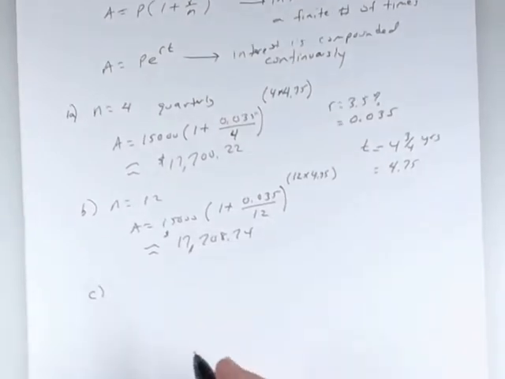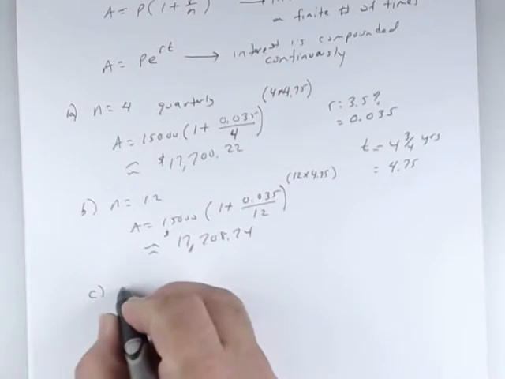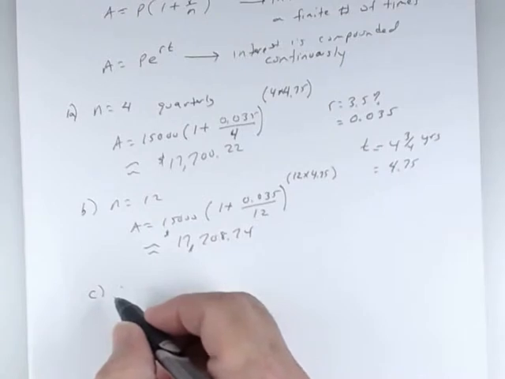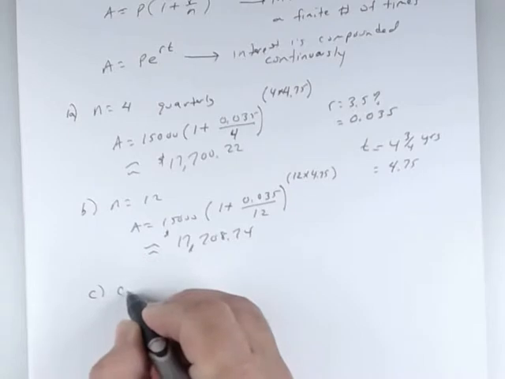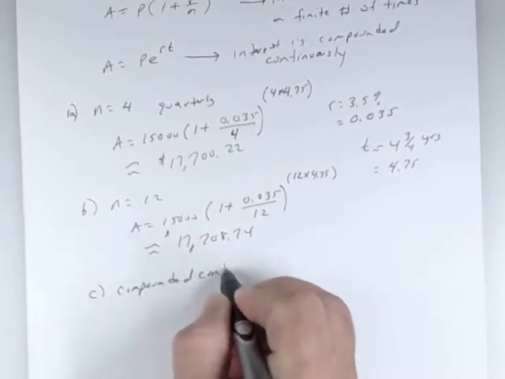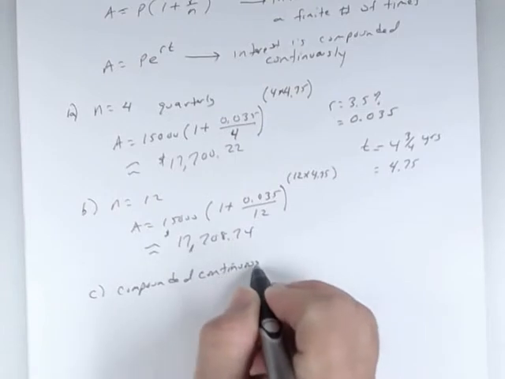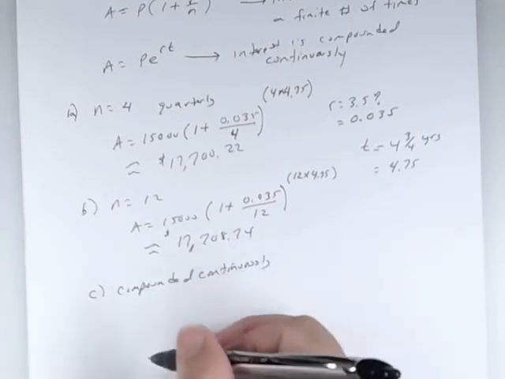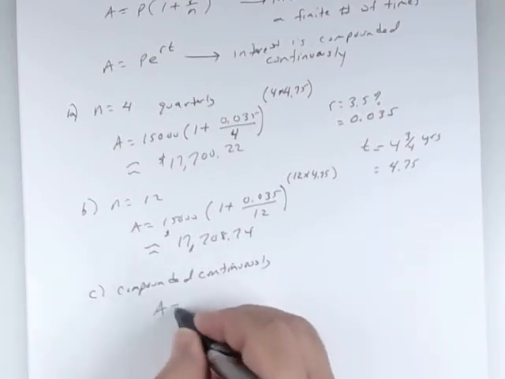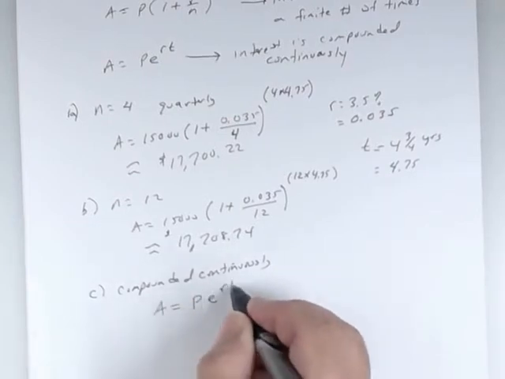All right, C. Now, for C, am I going to use the letter N? No, because it's being compounded continuously. So since it's being compounded continuously, I have to use the second one: A equals P times e to the rt.